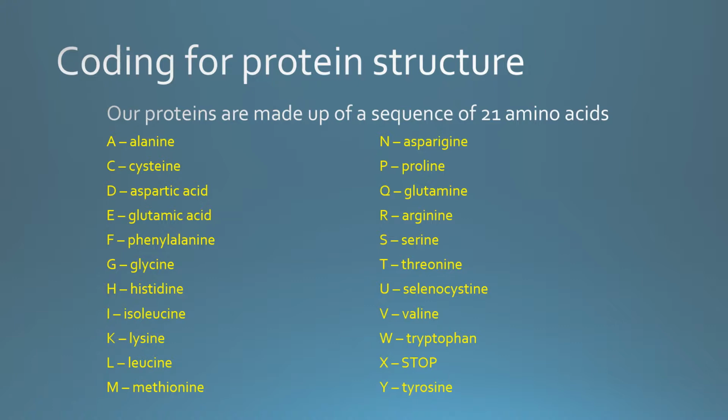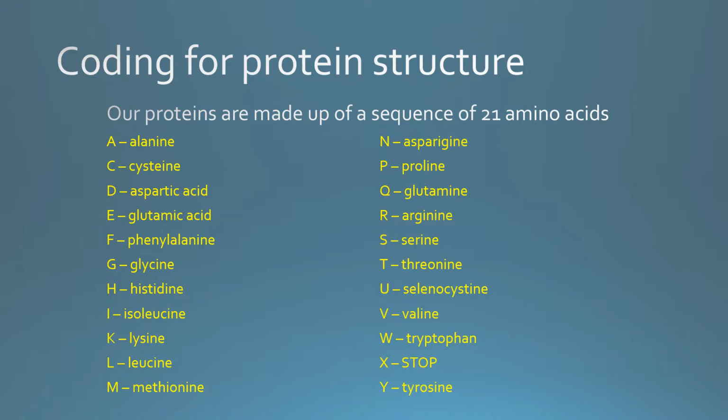Okay, now there are 21 different amino acids that are used by our bodies to make our proteins. And conveniently, that's slightly less than the number of letters in the alphabet. So there's this abbreviation, which you can memorize if you want to pause the video, but you don't have to.